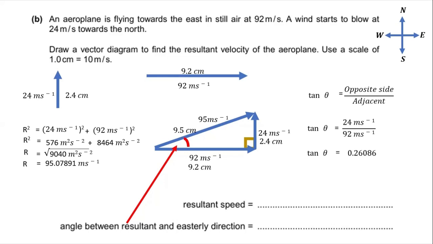Tan theta is equal to 0.26086. So theta is equal to tan inverse of 0.26086. So we know theta is equal to 14.62, which is around 15 degrees. So the resultant speed is 95 meters per second. The angle between the resultant and the easterly direction is around 15 degrees.